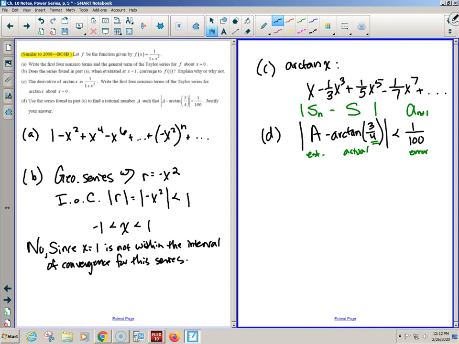Okay, so we could go ahead and solve. This is a non-calculator question. I mean, we could. What would our general term be?